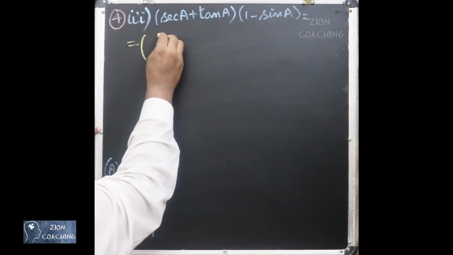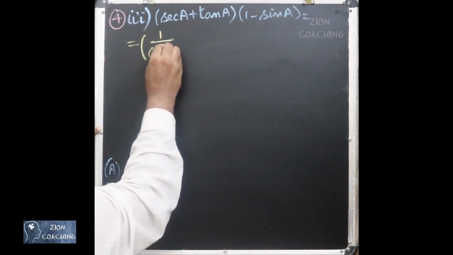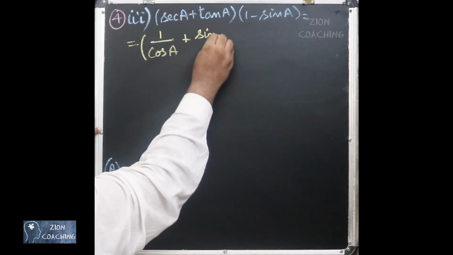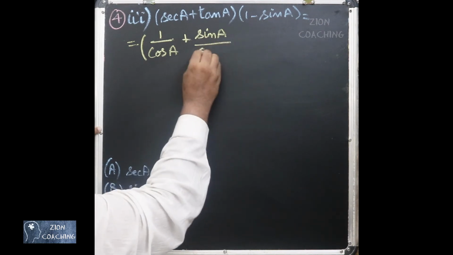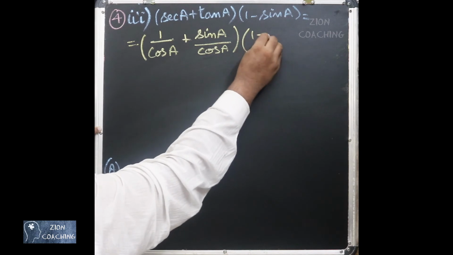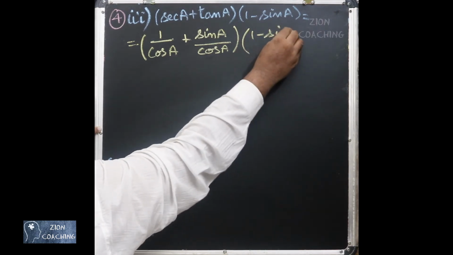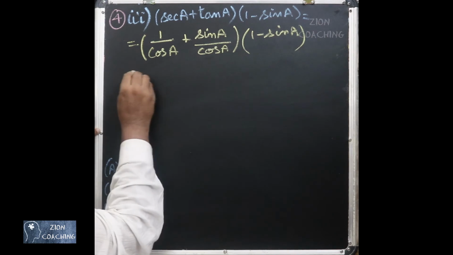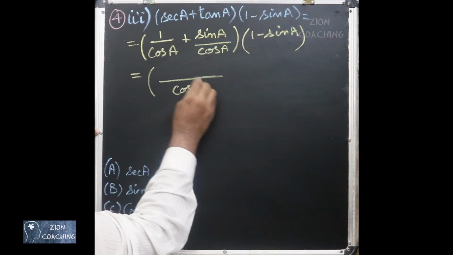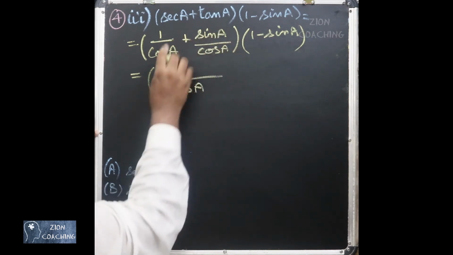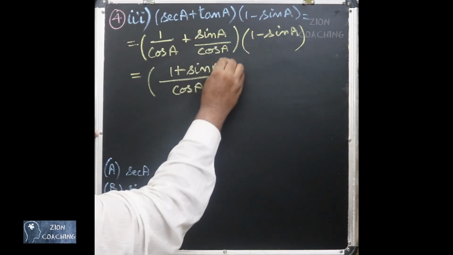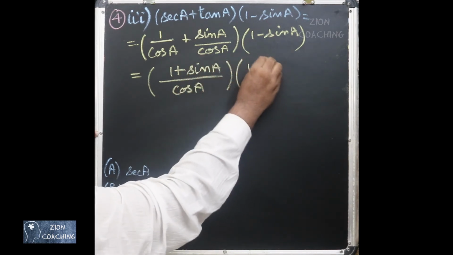We know that secant A is the inverse of cos A. Then we know that tan A is sin A by cos A, into 1 minus sin A. So this can be written as, when you take cos A to be the LCM, since the denominators are common, you can just add the numerators. So we will have 1 plus sin A into 1 minus sin A.